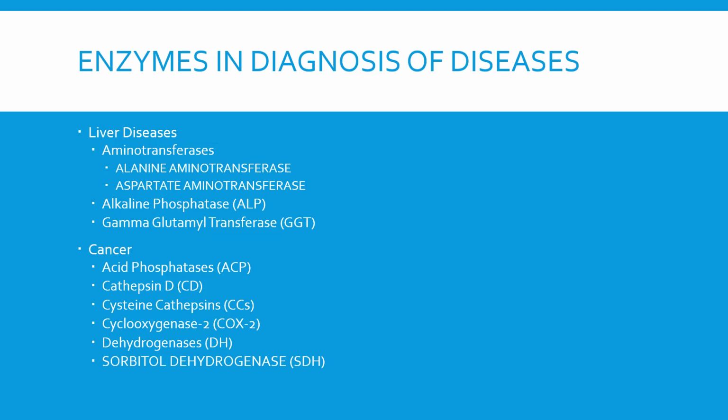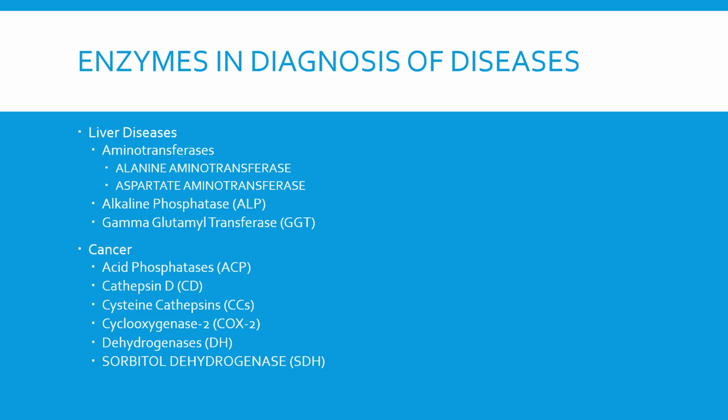So if that assay could not be performed, this alternative assay can be performed, that is called the AST to platelet ratio. This gives a ratio of these two indices about the platelet count.